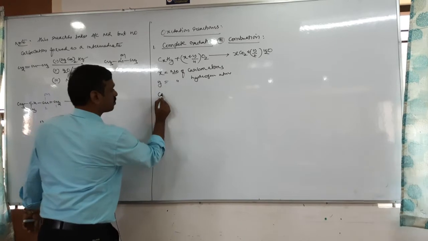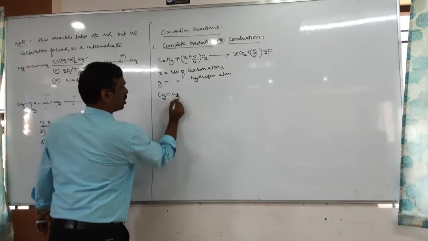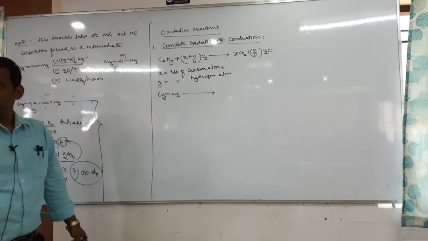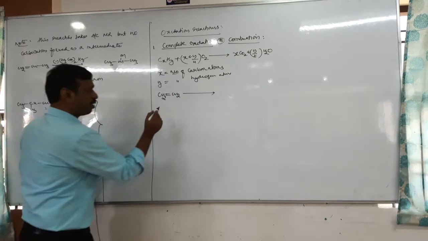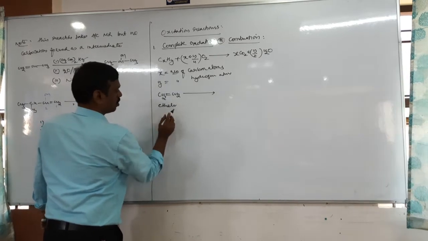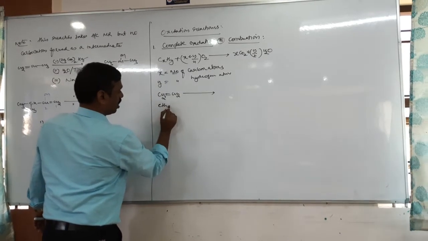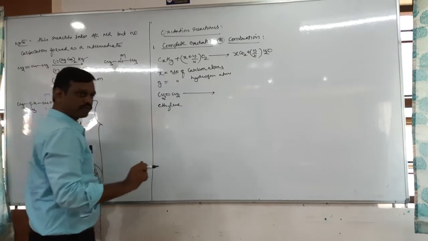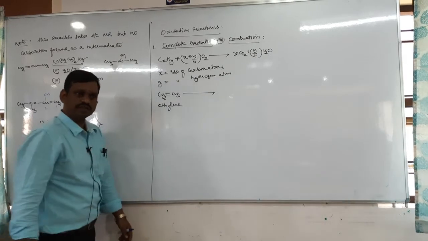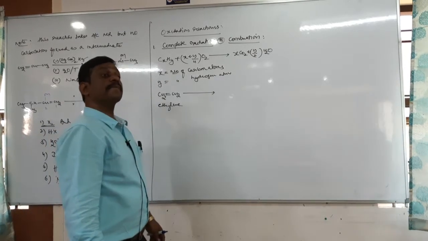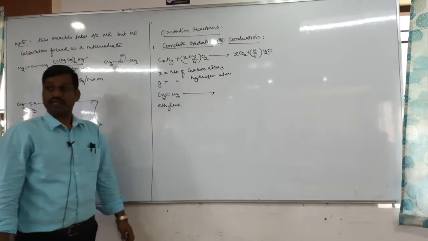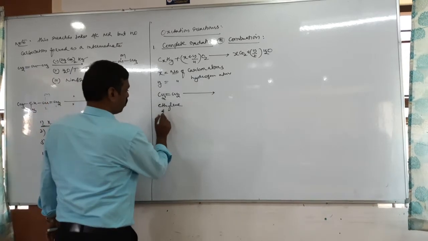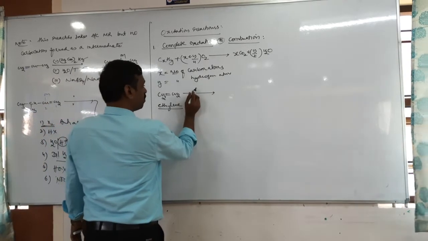For example, let us take CH2=CH2, ethene. Ethene is also called ethylene. IUPAC name is ethene. Common name is ethylene. Ethylene gas. Okay. What is the use of ethylene gas? Yes, ripening of fruits. Okay. So therefore, ethylene undergoes complete combustion.